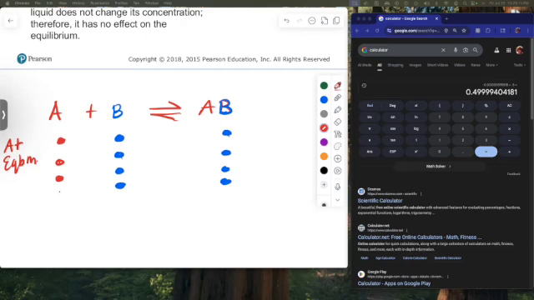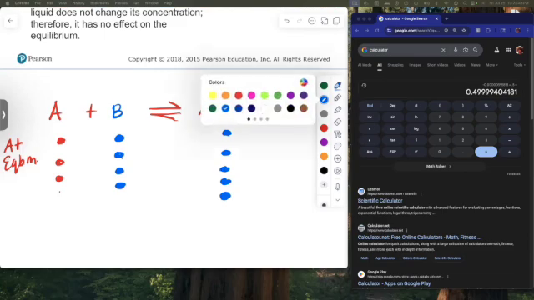The speed of the forward matches the speed of the reverse, not the amounts. So the amounts of the reactants don't match the amount of products.